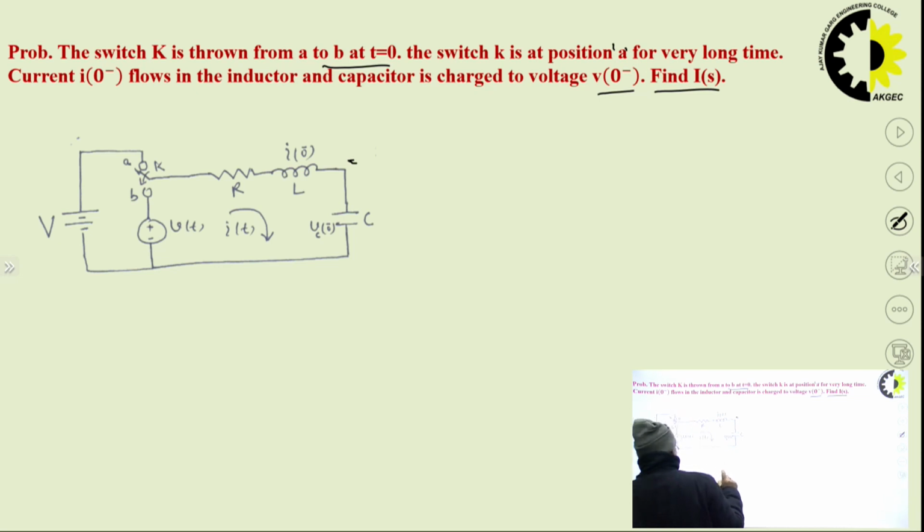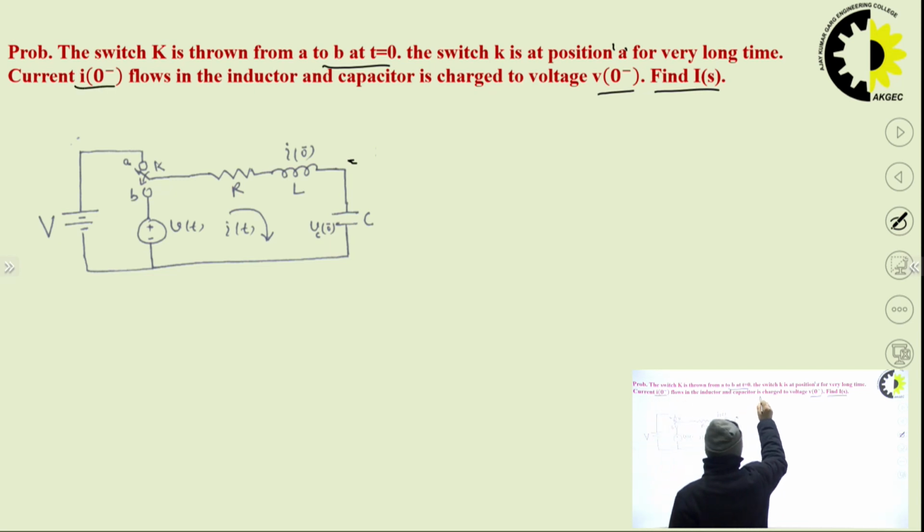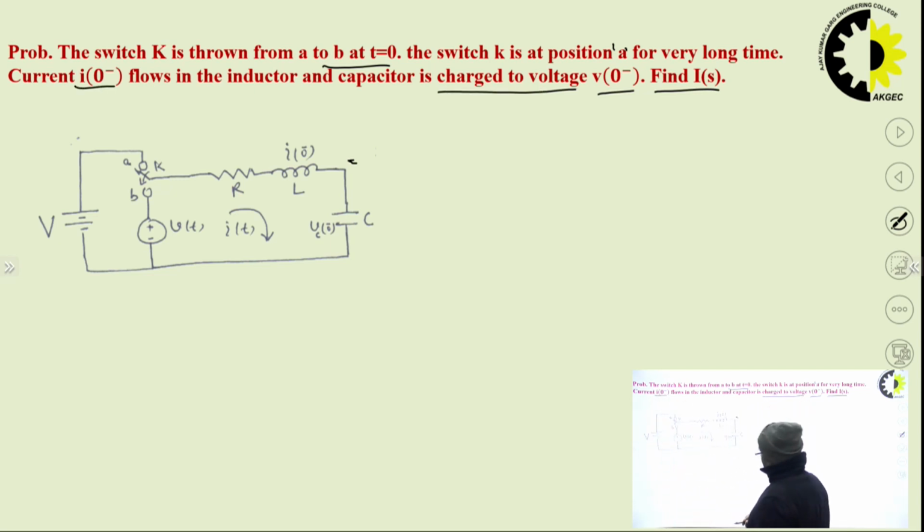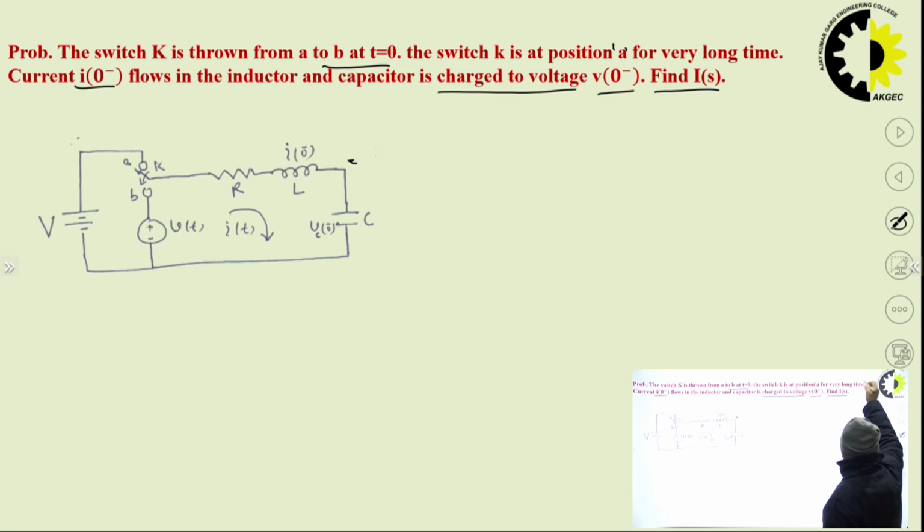The switch K is at position A for a very long time. So in this case the initial conditions are given. If initial conditions are not given, then we have to draw the equivalent circuit at t equal to infinity. A very long time means t equal to infinity.